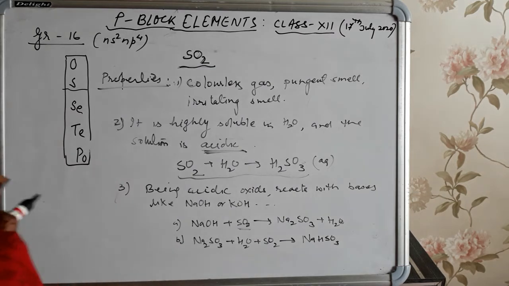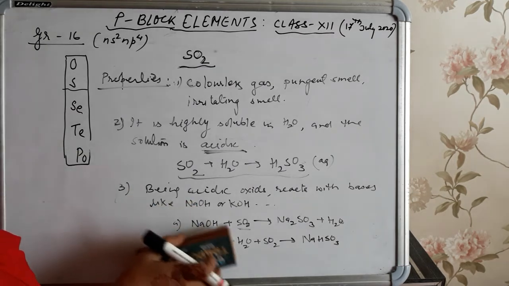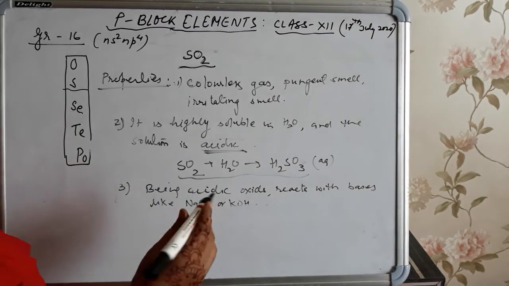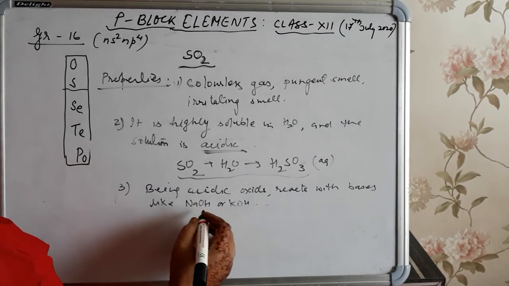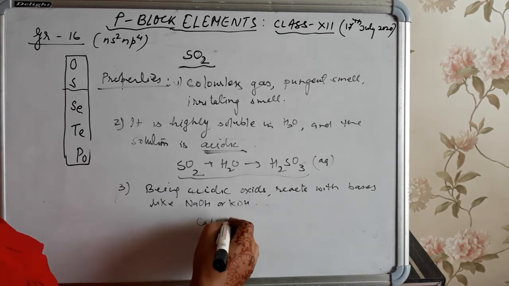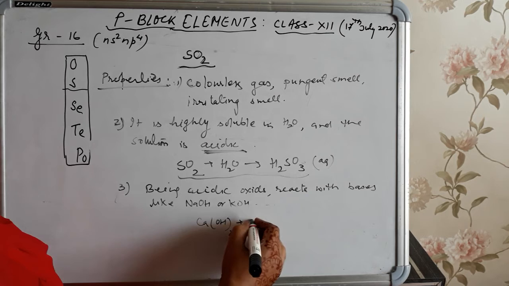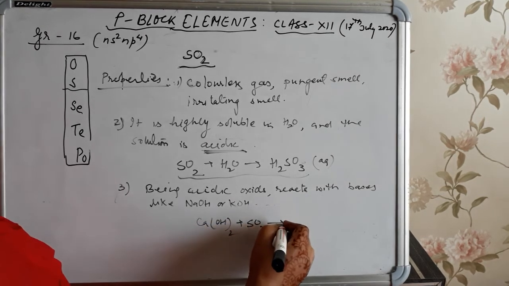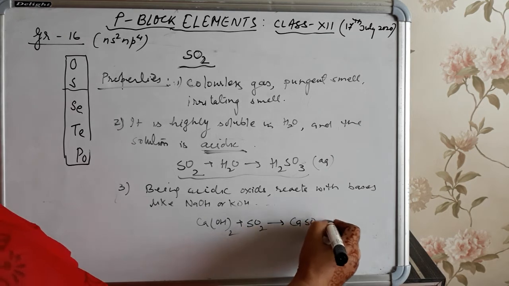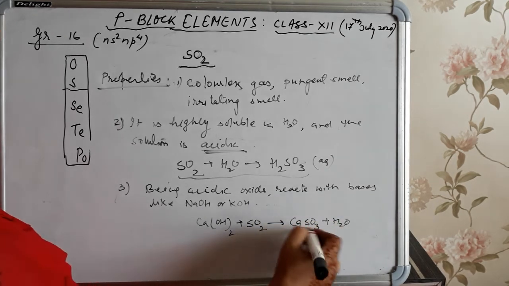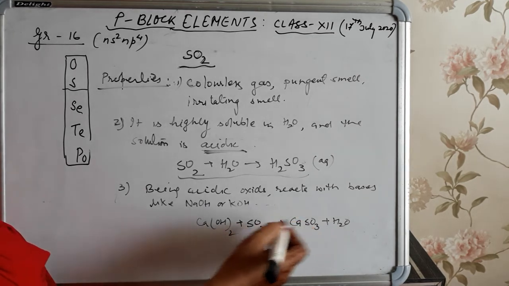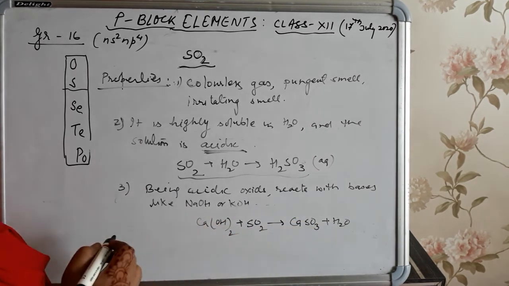Or see here, suppose we take calcium hydroxide, we all know this is lime water, and sulfur dioxide. So calcium sulfite plus water is formed, and the formation of this calcium sulfite gives the lime water milkiness.